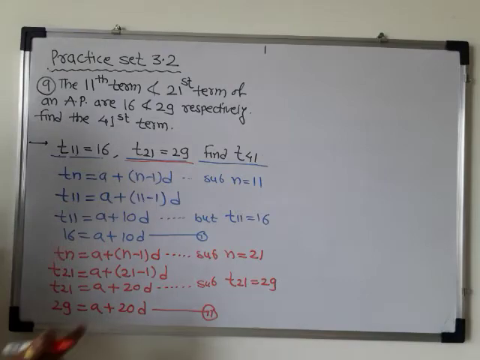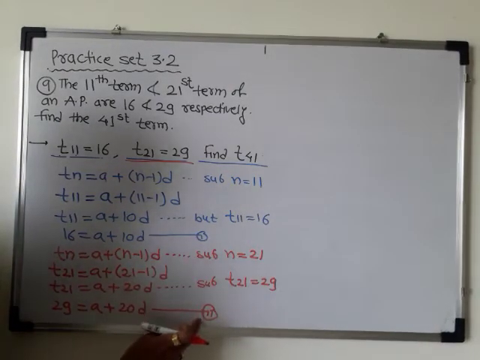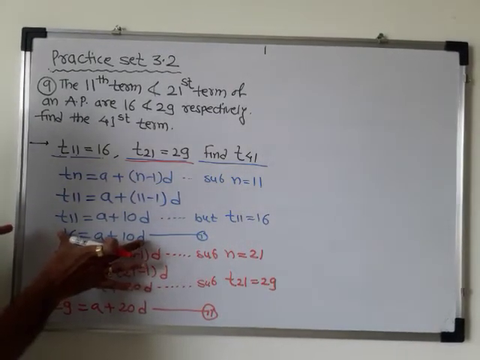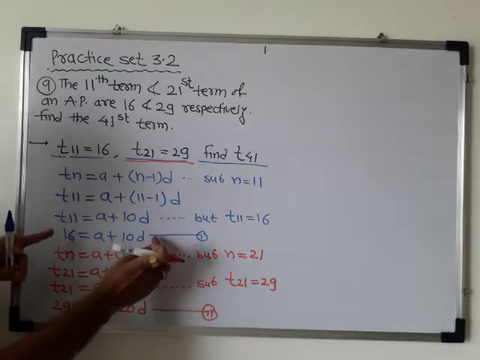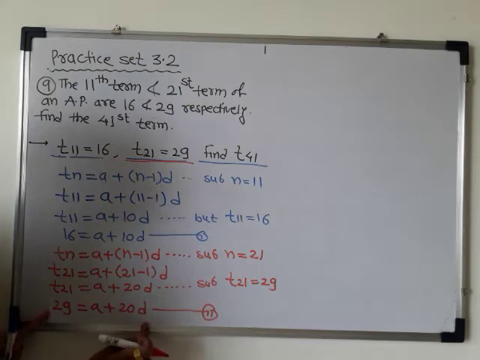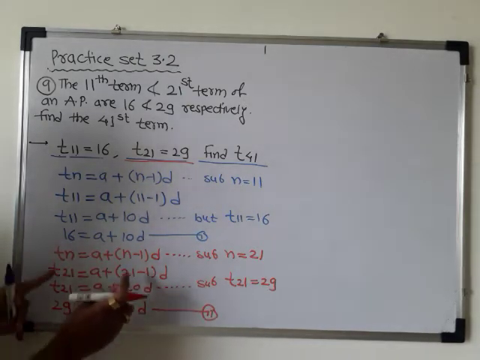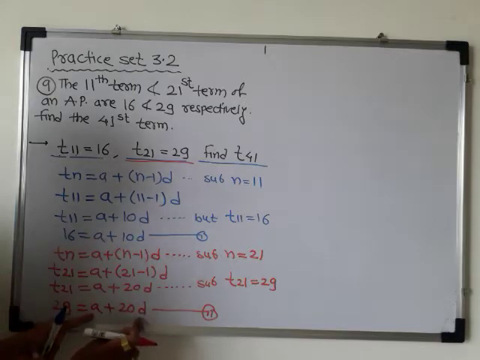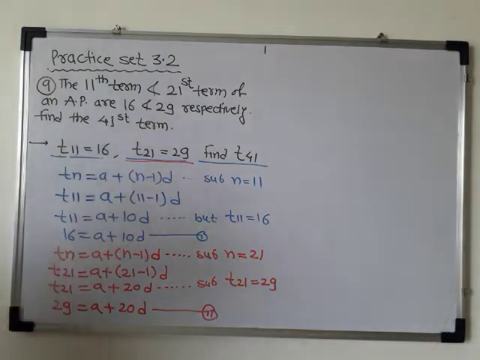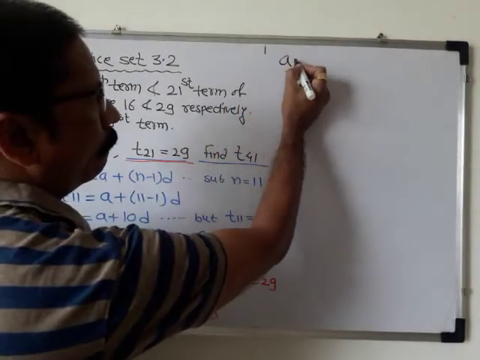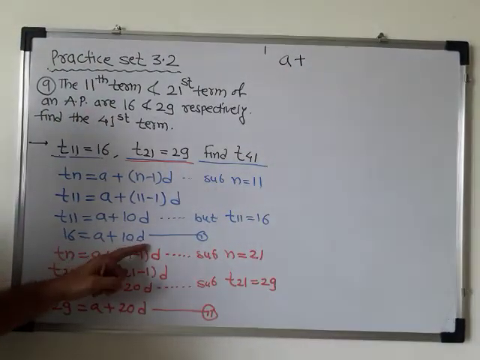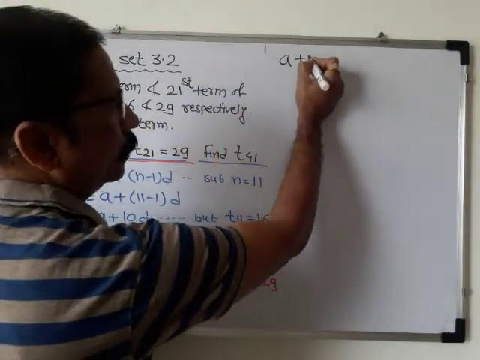Now if you observe the first and second equation, you will come to know both the equations are simultaneous equations. By solving equation number 1 and 2 by any method, elimination method, you will get the values of the unknowns. Unknown means a and d. Now let us solve those two simultaneous equations. First equation is a plus 10d is equal to 16.